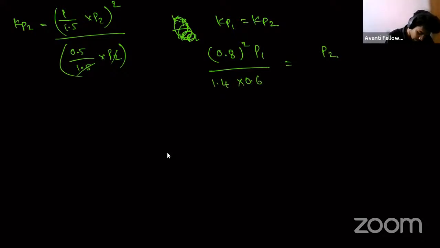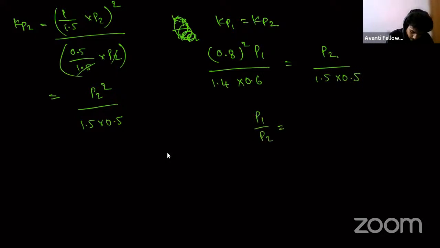So you can write P2 square by 1.5 into 0.5. Right, simple. Just substitute this value here. If you want P1 by P2, just rearrange the values. 1.5 into 0.5 will be in the denominator.